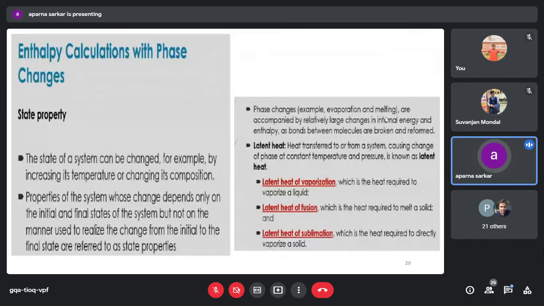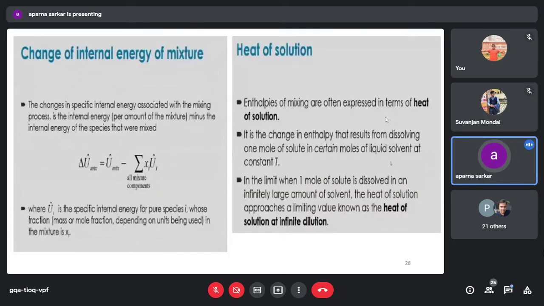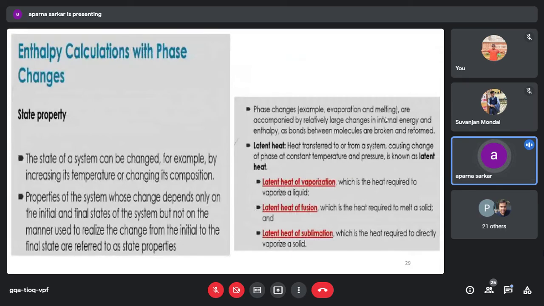Now, enthalpy calculation with phase change. What we studied so far was enthalpy without phase change; now it is with phase change. Phase change means that you are applying heat or working on the system, so the form will change. The forms we can see are evaporation, sublimation, and fusion.